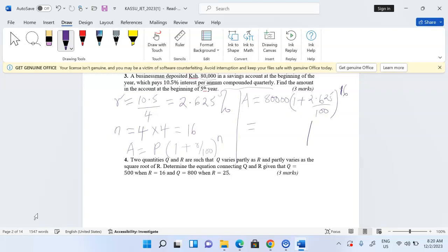So I can now compute this, whereby I will take 2.625%, then I take 1 plus that value. Now I will raise this to power 16, then I multiply the answer by 80,000.